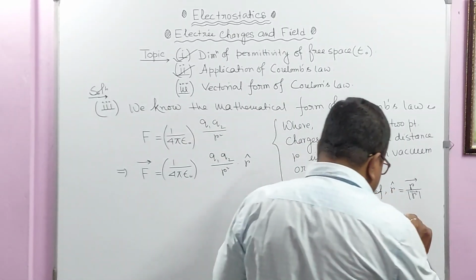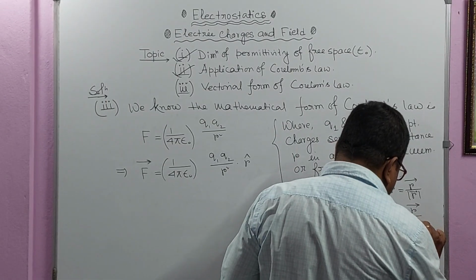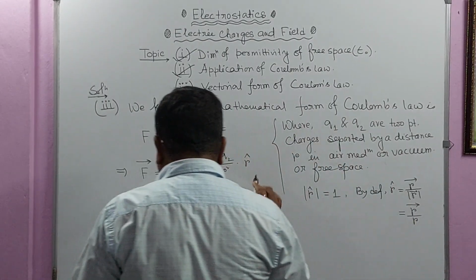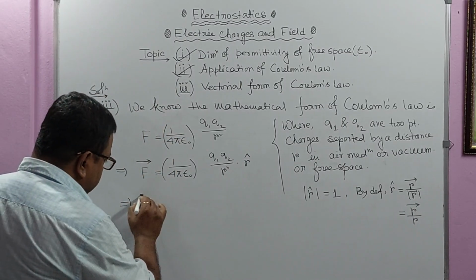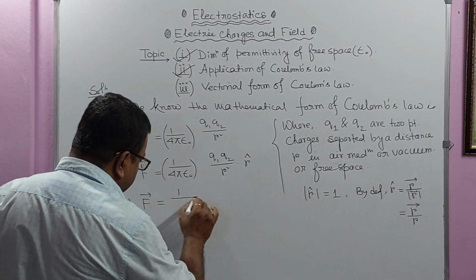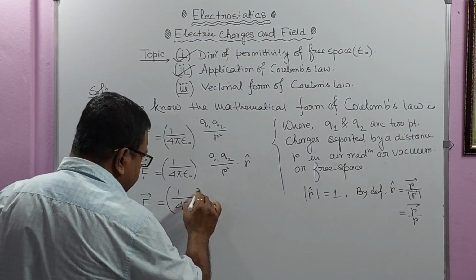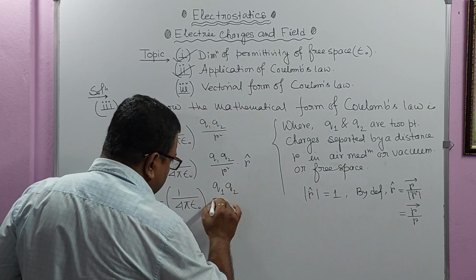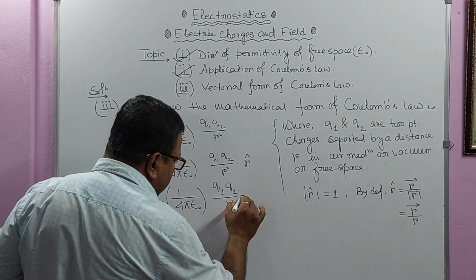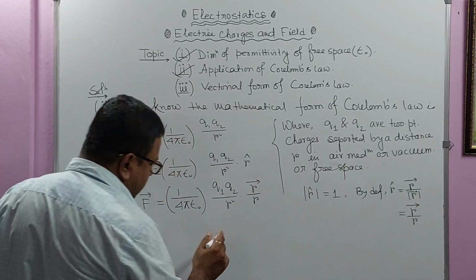So we can write it this way: r vector divided by simply r. So if we put it here, the expression becomes 1 by 4 pi epsilon naught, then Q1 Q2 by r square, then the vector r divided by its modulus.